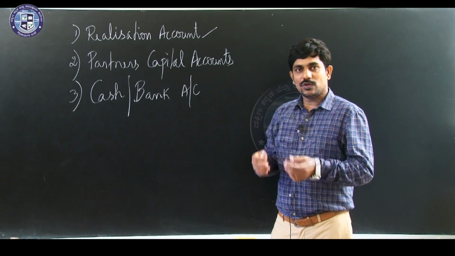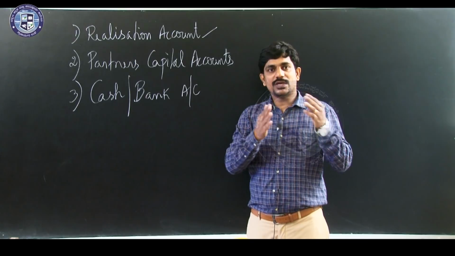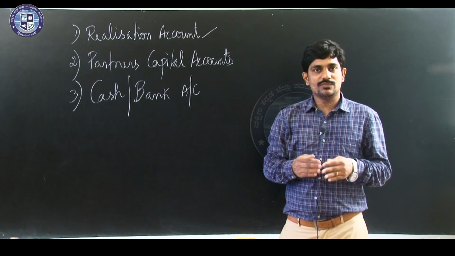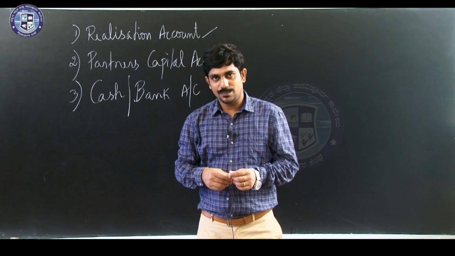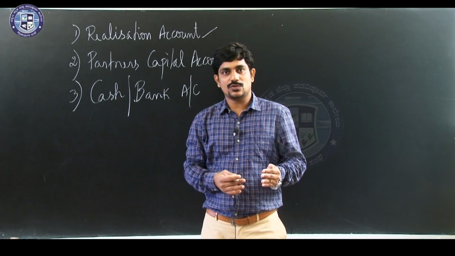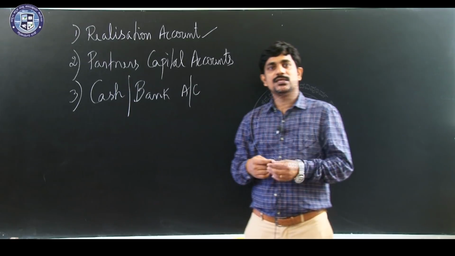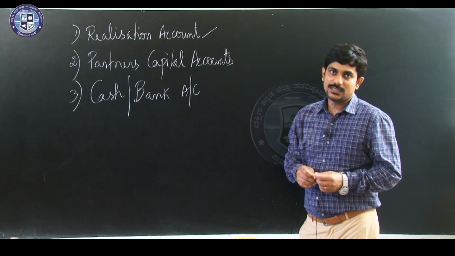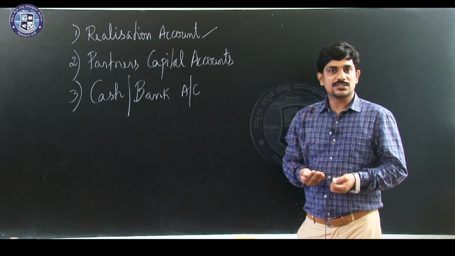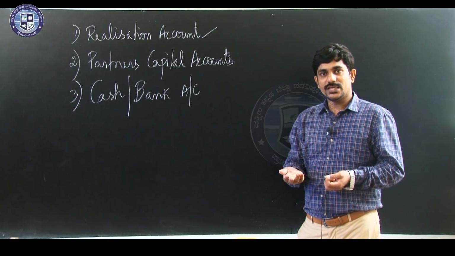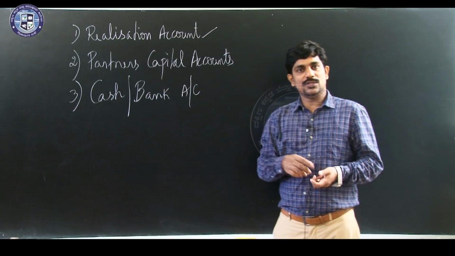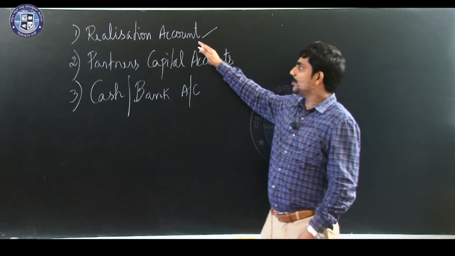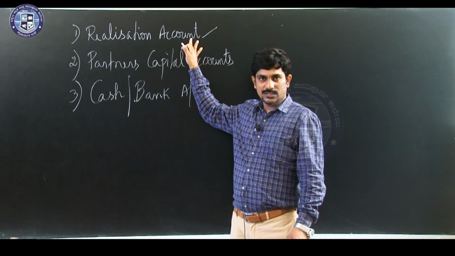So, when you are closing, whatever assets are there in the business, we need to sell, and liabilities have to be paid. So, when the assets are realized and liabilities are paid, the partnership firm might gain profit or incur losses. In order to find out that profit or loss, we need to prepare realization account.